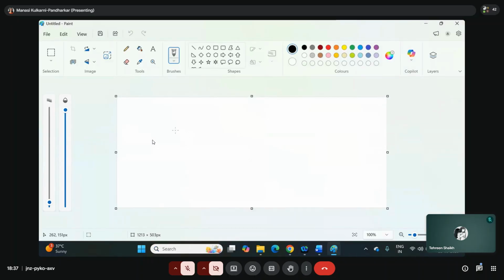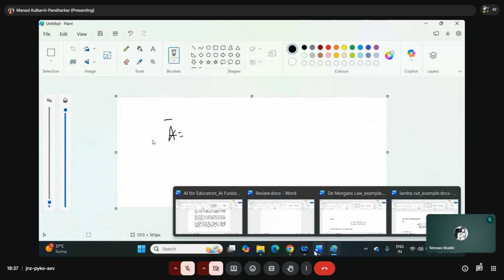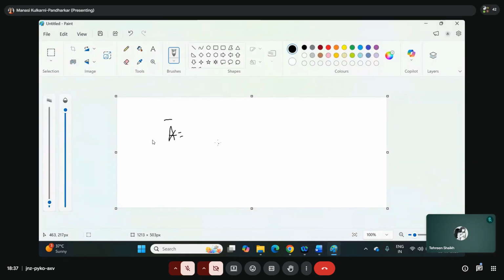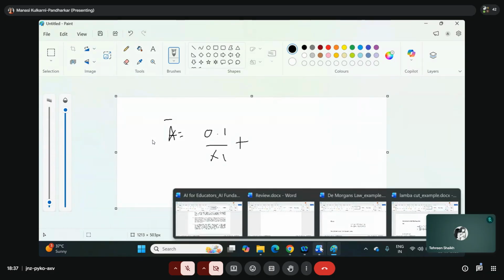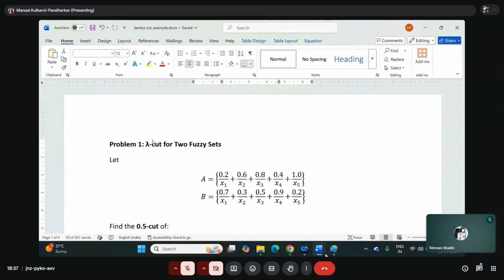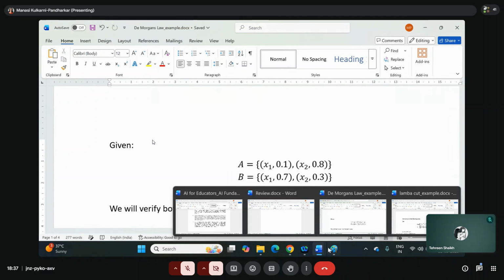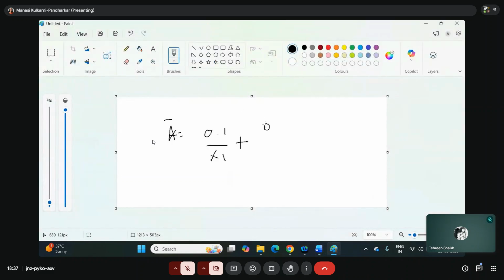So it is same like A is your fuzzy set, is equal to, what is the membership that has been given in the De Morgan's law? 0.1, right? So it is 0.1 by x1 plus, what is the next membership? This one is 0.8. So 0.8 into x2.